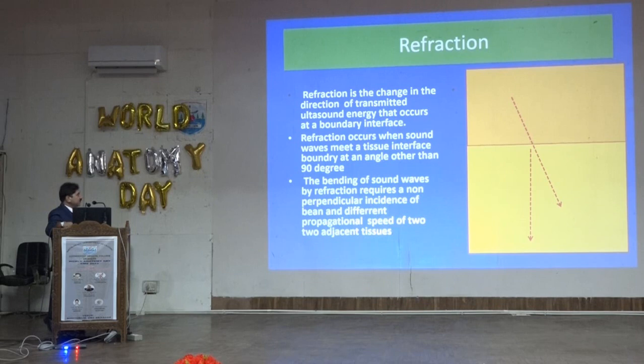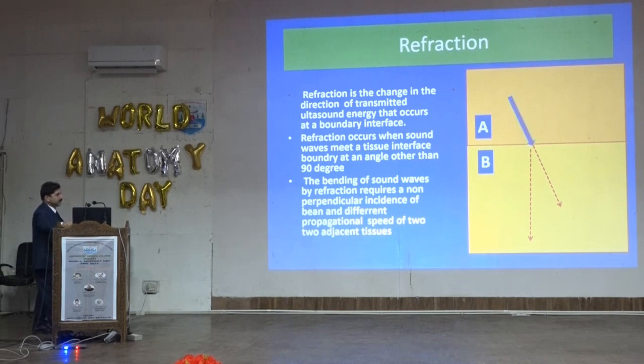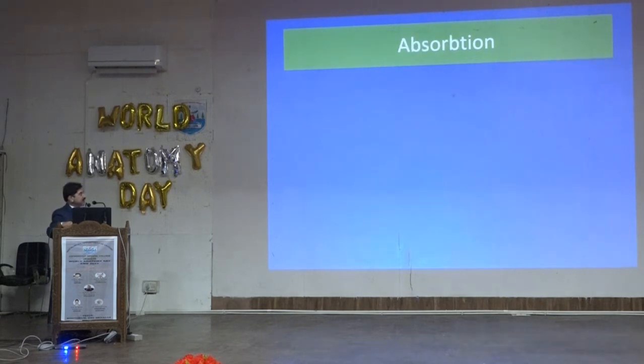The bending of the sound wave by refraction requires a non-perpendicular incidence of the beam and different propagation speeds of two adjacent tissues. So A is one medium, B is tissues of the body. Now these waves, because the acoustic impedance is different, some of them get refracted.